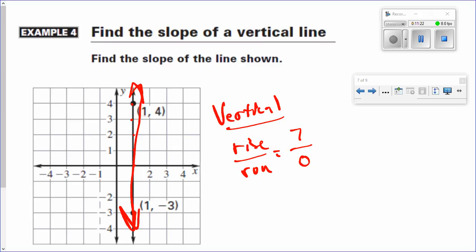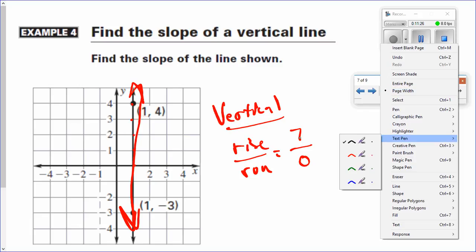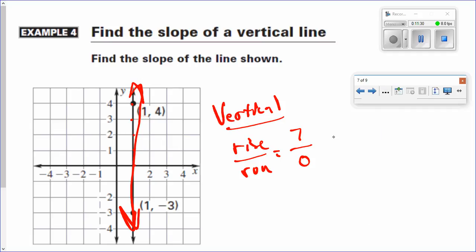It's 0. Now, whenever you have a fraction like this and you're dividing by 0, it's really impossible to do that. And that's why we don't call it 0. We call it undefined. Whenever you try and divide by a 0, it's not really possible. So it's undefined.